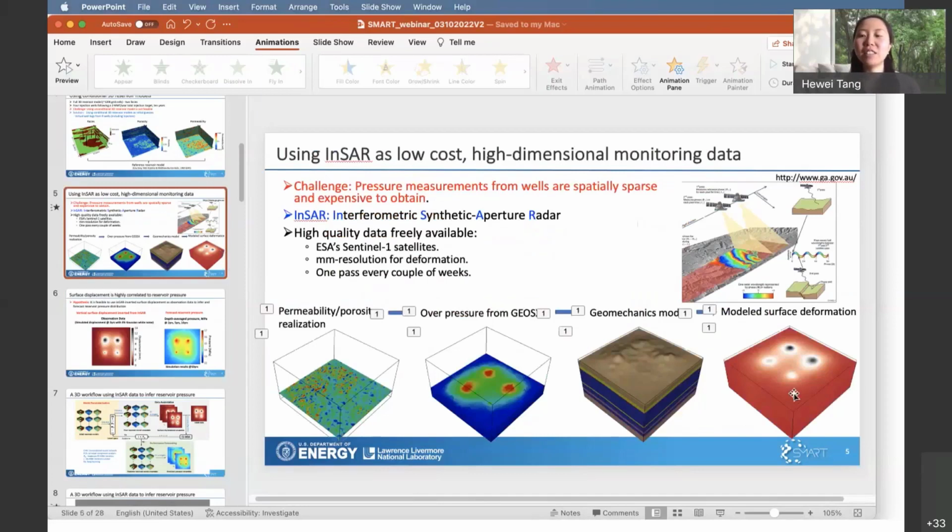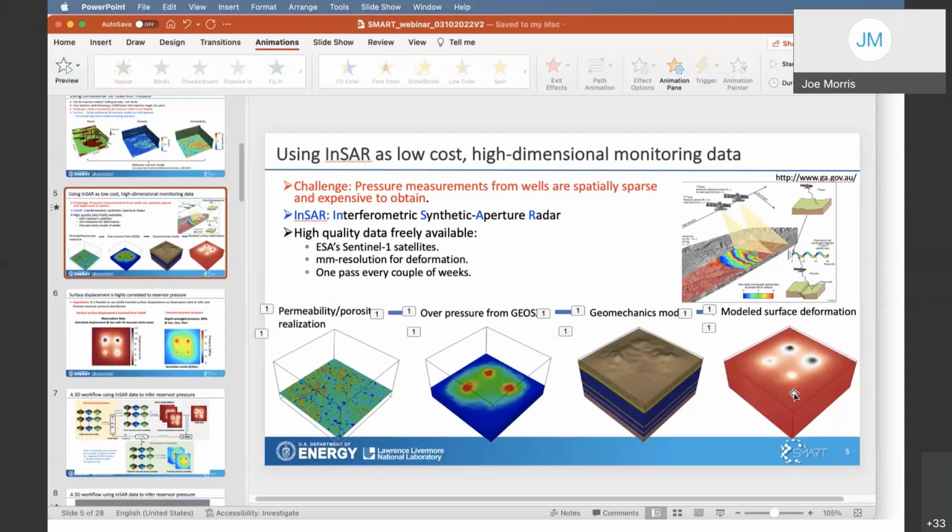The surface displacement is mainly caused by the overpressure in the reservoir, and you can imagine it as a pea under the quilt. Since there is overpressure in the deep reservoir, and the upper formation layers are like a quilt, the surface displacement and the overpressure are correlated, but not linearly directly correlated.